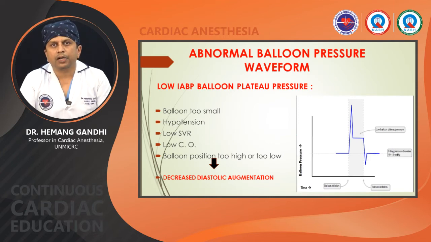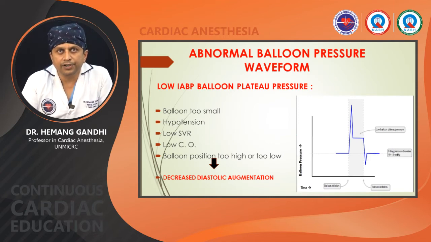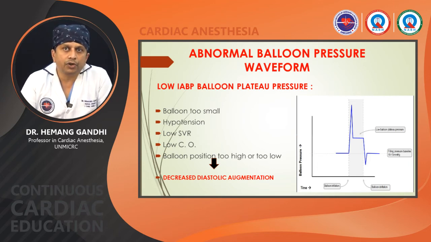After this normal arterial inflation and deflation, we can also find out some issues with the balloon waveform, which we get just below the arterial pressure waveform. This is the normal waveform, with an upstroke, then a plateau, and then a downstroke, that we can easily see on the IABP screen.